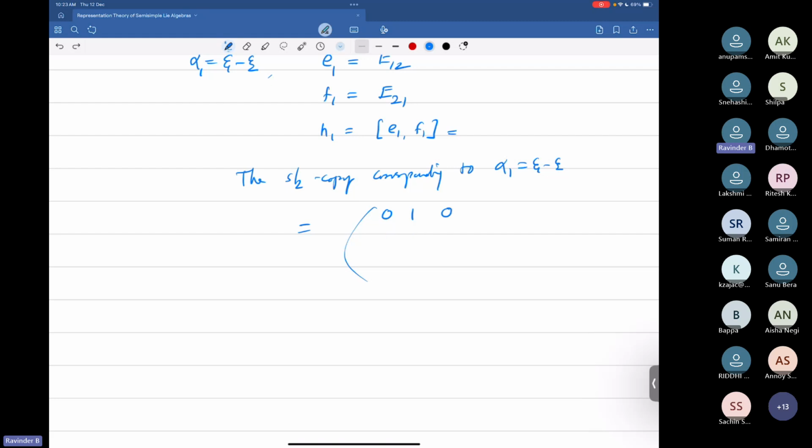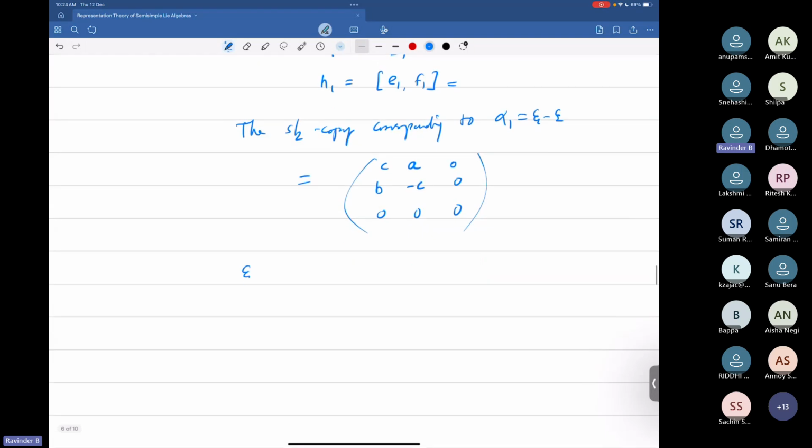Finally you also have to take a linear combination. So if you do a linear combination, there is something here. It is A times E1 and this is B times F1 and then C times H1. So this is an SL2 copy which sits inside SL3. Similarly, if you want E alpha 2, which is epsilon 2 minus epsilon 3, the SL2 copy sits below.